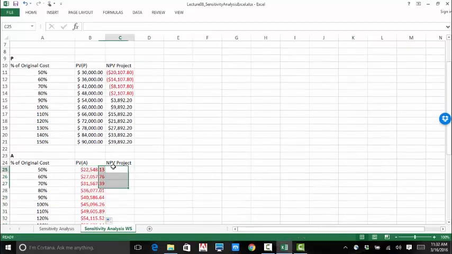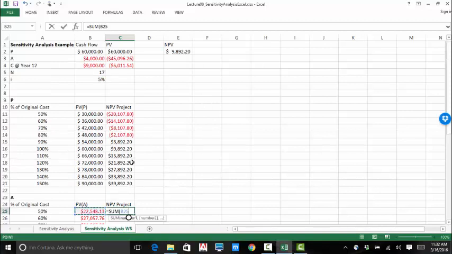All right, so right now equals sum this, comma, this, comma, this, right? The two cash flows that we locked are staying the same, and then the other one is going to be based on the percentage of the original cost.